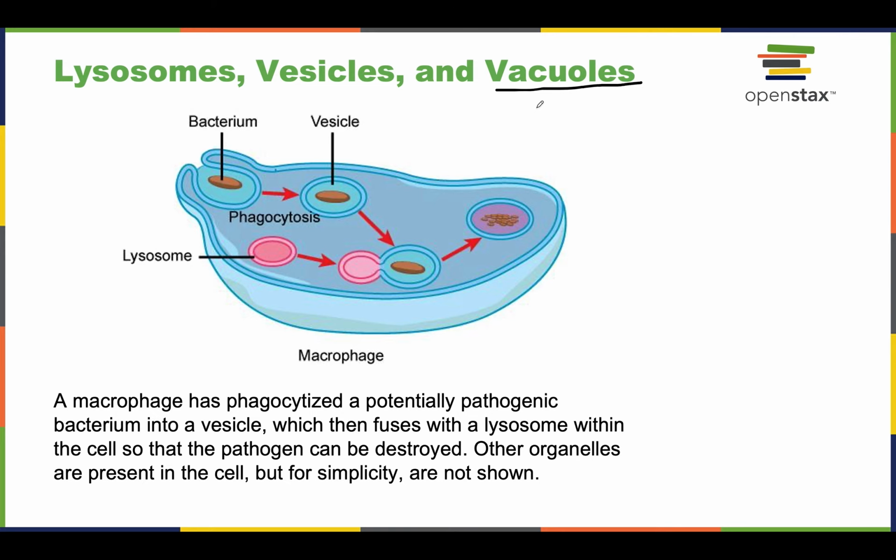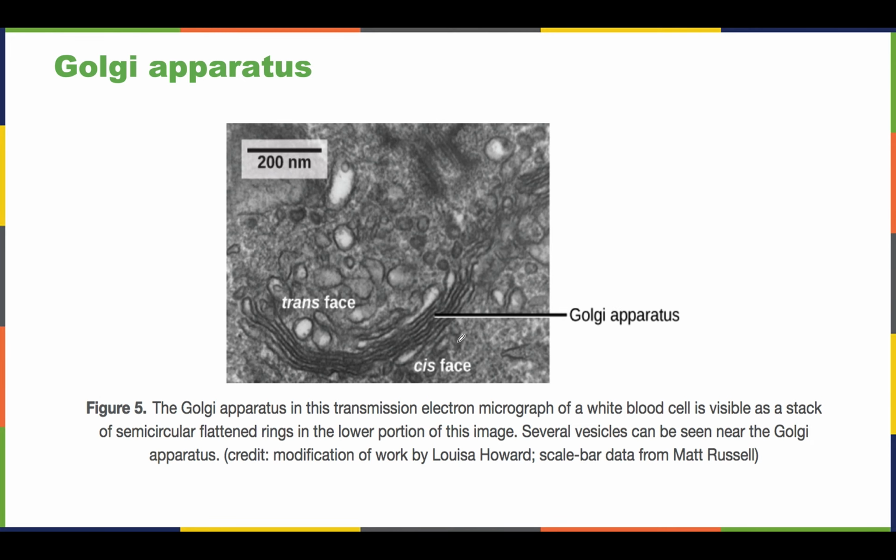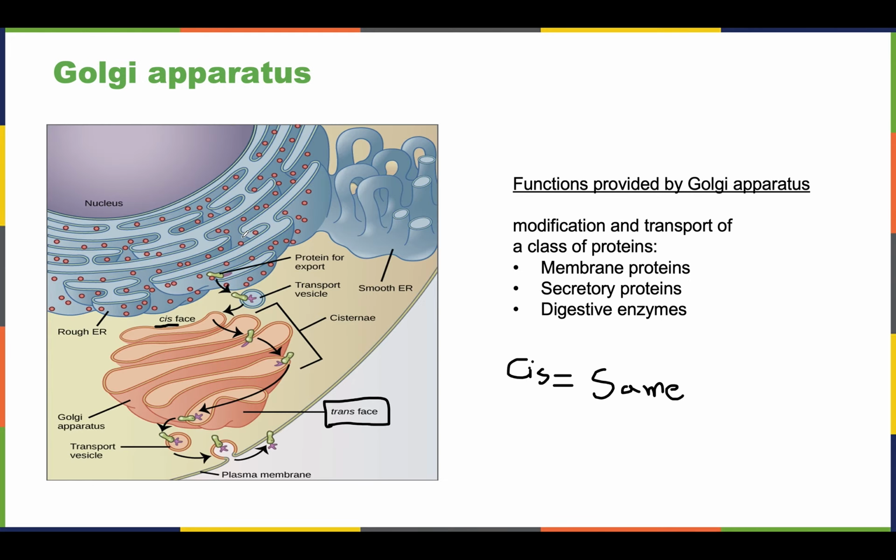Sometimes it holds liquids, sometimes it's a temporary location for toxic compounds that the cell needs to get rid of. Vesicles, you already met vesicles. You saw a whole bunch of vesicles, and what they do is help move molecules around inside the cell.